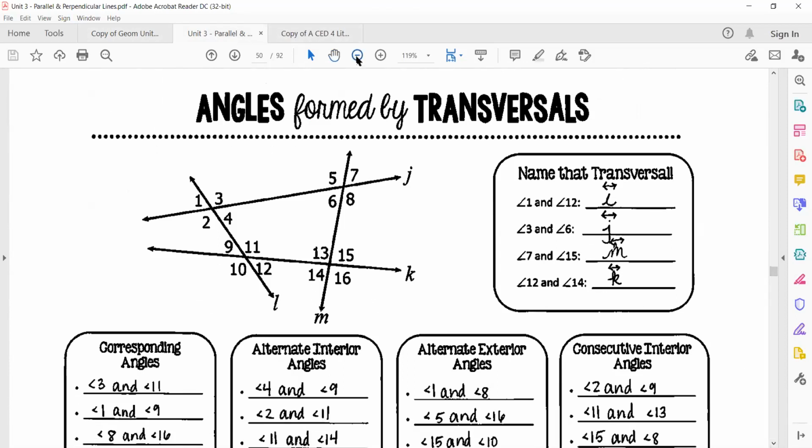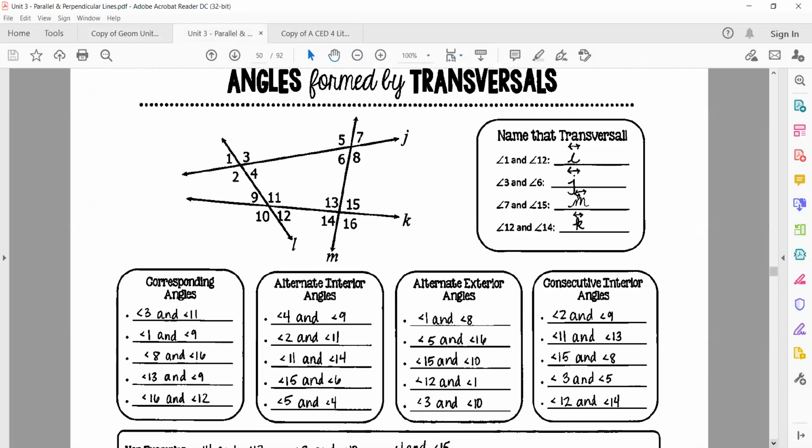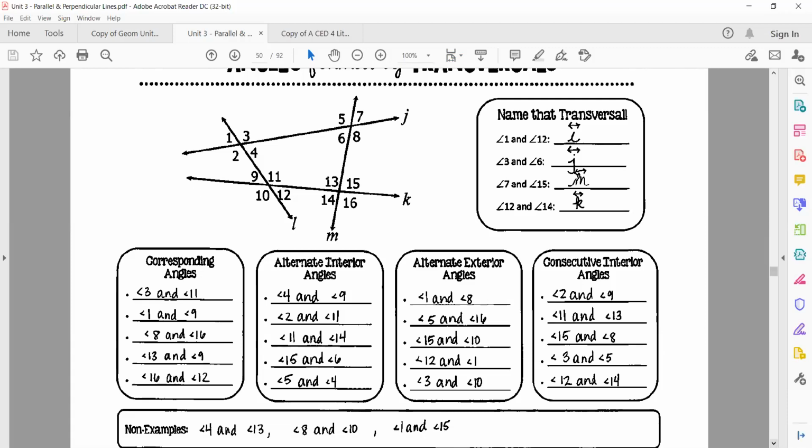It really would be a good idea, and if you have to come back and watch the video again later, to get all of this in your notes. You can see down at the bottom there are non-examples. It's basically the two situations we were just looking at.